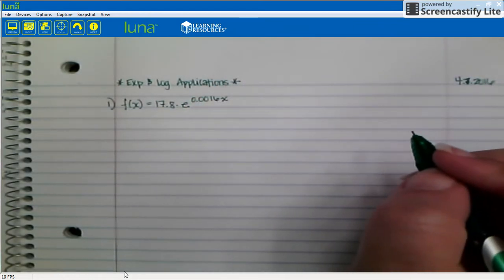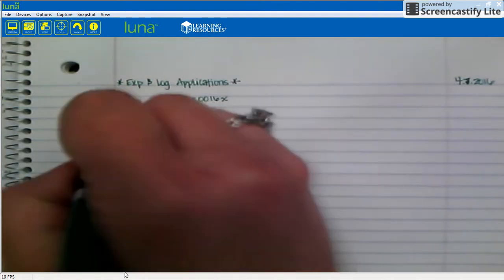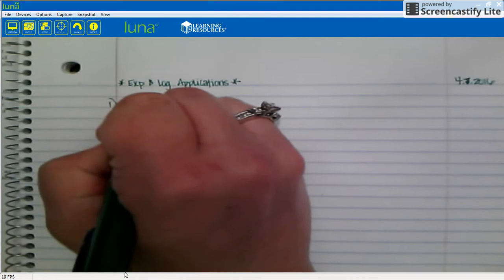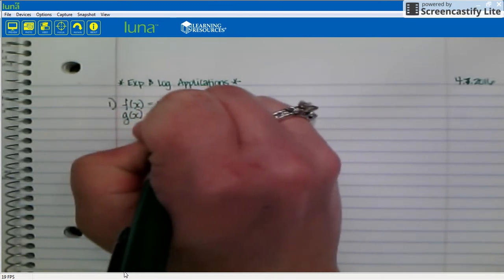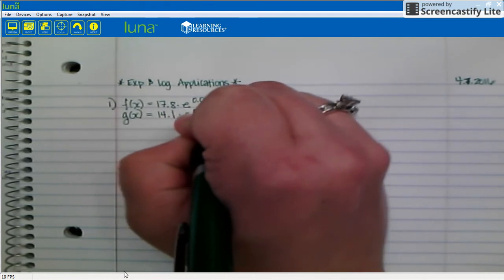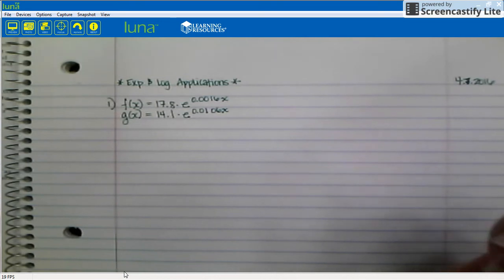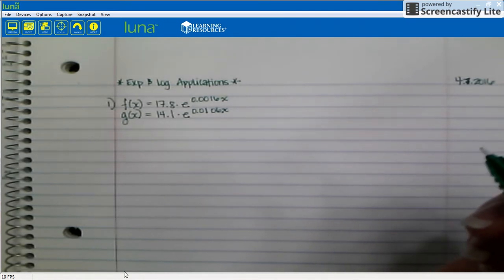At the same time, the population of East Goma in millions was modeled by g of x is equal to 14.1 times e raised to the 0.0106x power. In both formulas, x is the year, where x equals 0 corresponds to September of 1998. Assuming these trends continue, estimate what the population will be when the populations are equal.